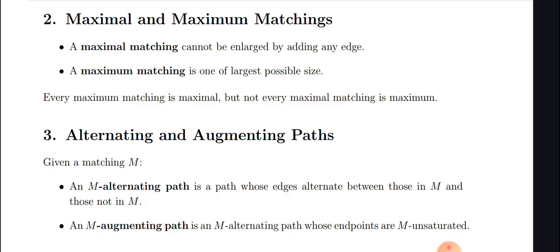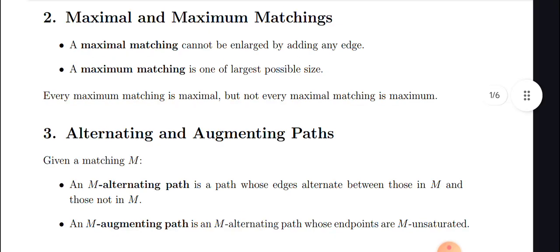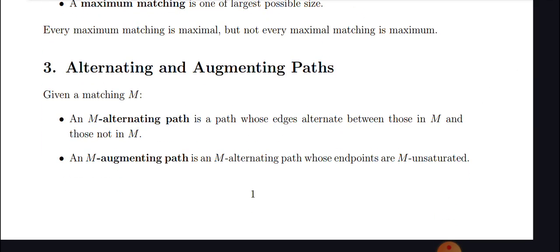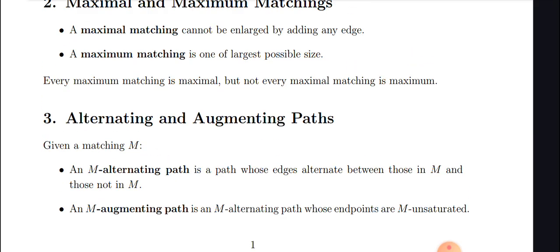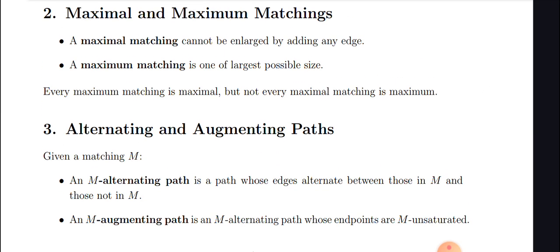Right. So if you have a path, say P, with edges e1, e2, e3, where e1 and e3 are unmatched while e2 is matched, you can perform the flipping operation. You swap the status of every edge on that path. Exactly. The matched edges get removed from M, and the unmatched edges get added to M. And the result is a new, perfectly valid matching, which we can call M1.